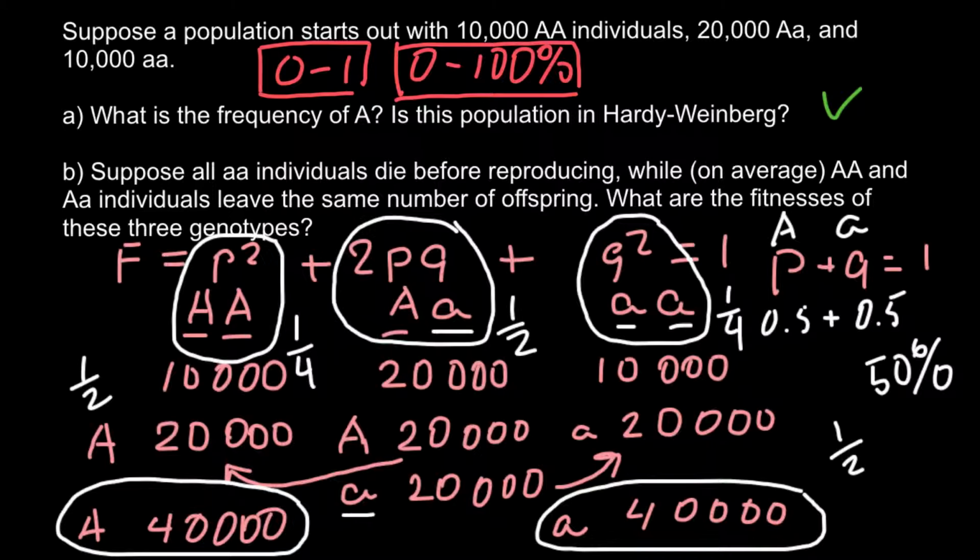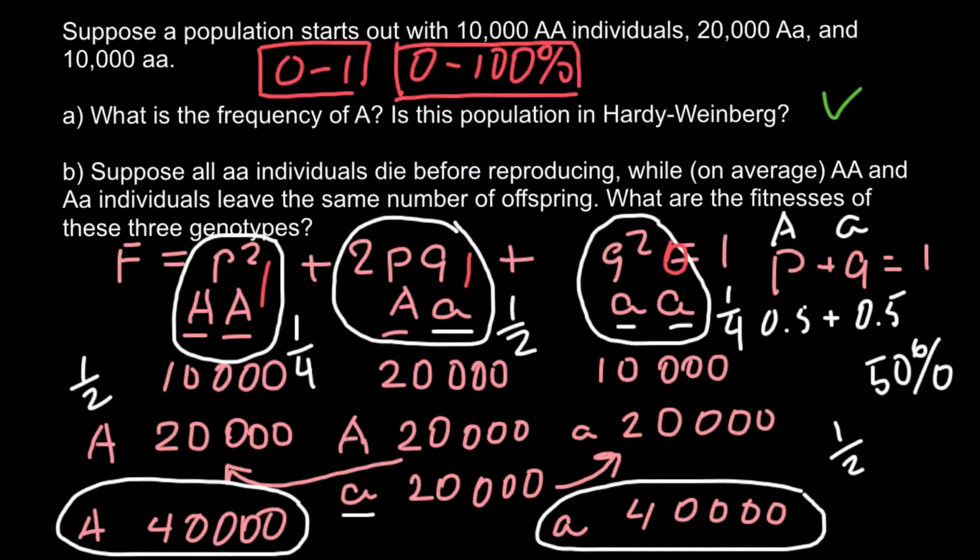The fitness of these two genotypes would be maximum, 100% or 1. So the fitness of this genotype equals 1, and the fitness of this genotype also equals 1, or 100%. All individuals who belong to this genotype would die before reproducing, so the fitness of this genotype would be 0.